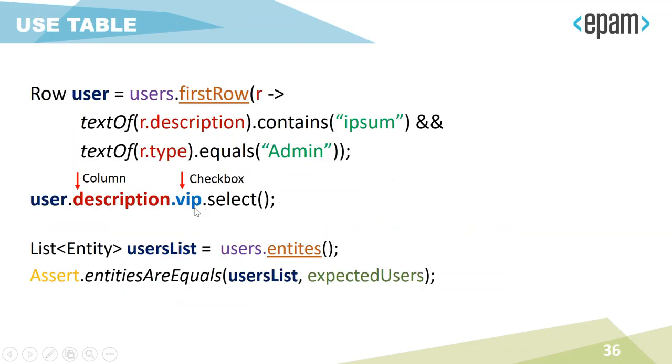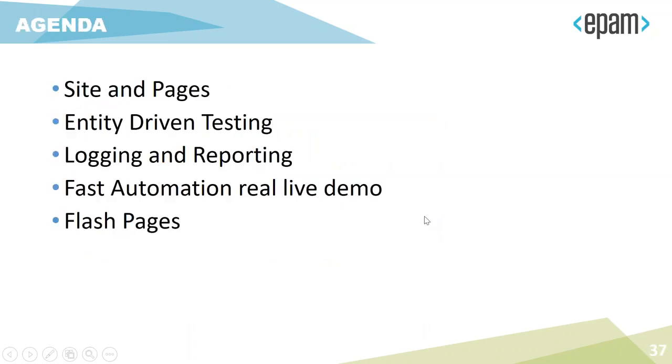And you can do some stuff with it. You can, for example, filter using these variables. You can select elements using these variables. And you can get all data, for example, get as entities or get as data, and validate these entities with your etalon or expected result.